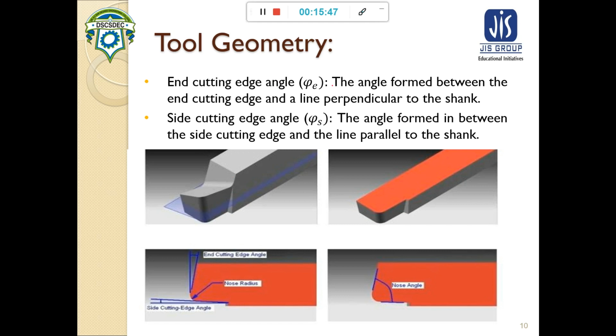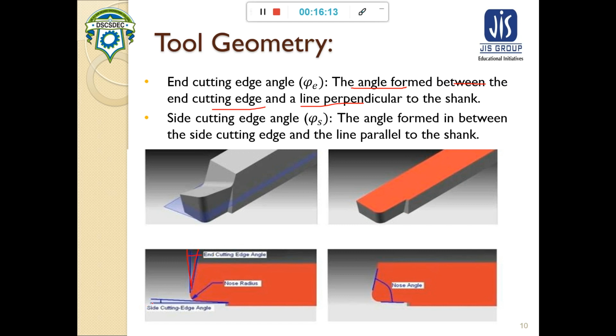The end cutting edge angle is the angle formed between the end cutting edge and the line perpendicular to the shank. This is the shank, this is the line perpendicular to the shank, and this is the end cutting edge. So the angle between them is known as the end cutting edge angle.